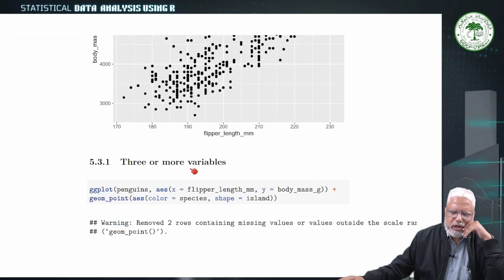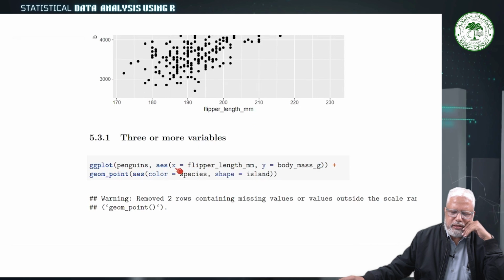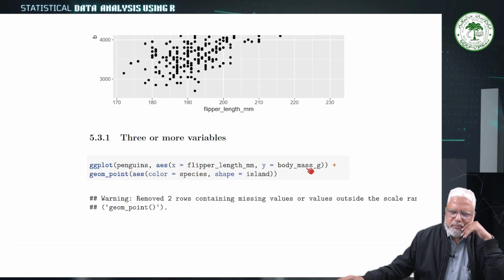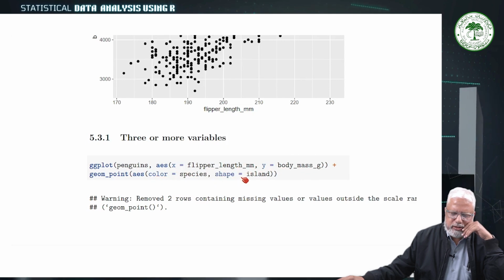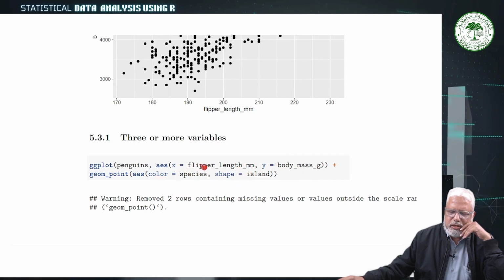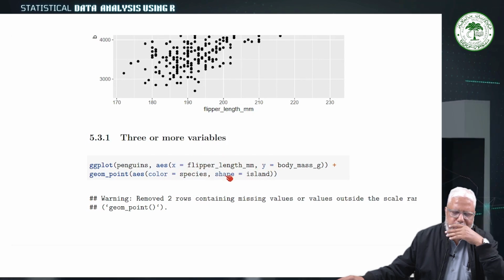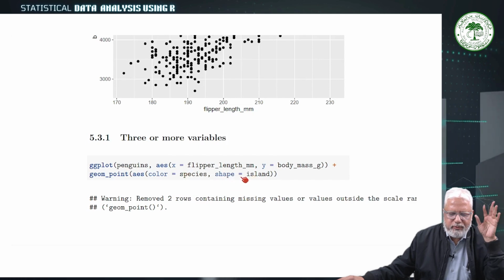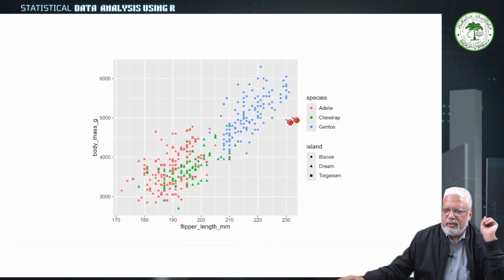When we have three or more variables, it is ggplot penguins AES, x is equal to flipper length and y body mass, and here color is equal to species and shape is equal to island. So we are covering four variables here.